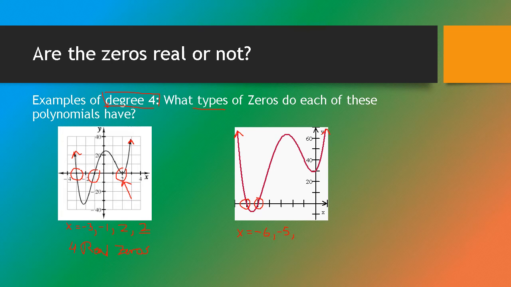Because if it's degree 4, again, the fundamental theorem says we should have 4 zeros. If only 2 of them are x-intercepts, and they're not multiplicities, where are the other 2? The answer is that the other 2 are complex. Now we can't really tell from the graph what they are, but we do know that there are 2 more.